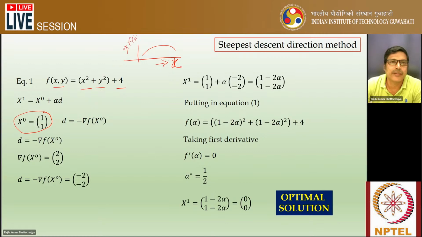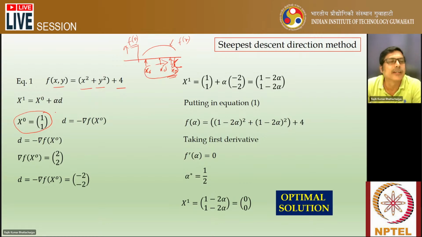Now I would like to find the maximum of this particular function. I can start my search from here. So this is my x0, or my x0 may be somewhere here, or somewhere here. Therefore the user has to define a value of x0.